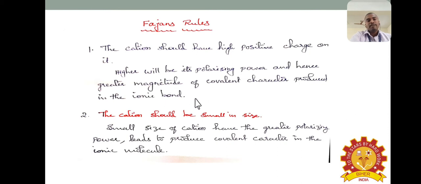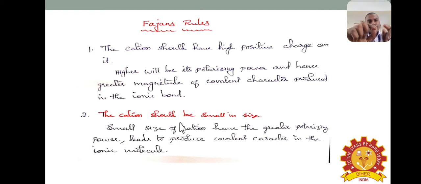The second point is that cations should be small in size. The first point is that cations should have high positiveness. Similarly, cations should be small in size. When the cation size is reduced, the ability to attract electrons is increased, because the distance between the nucleus and the outermost orbital narrows down.